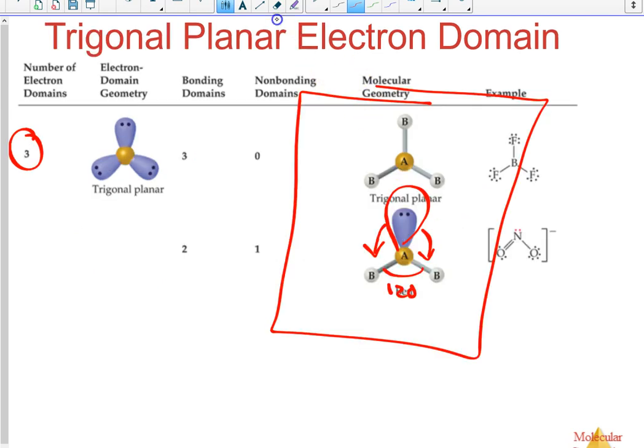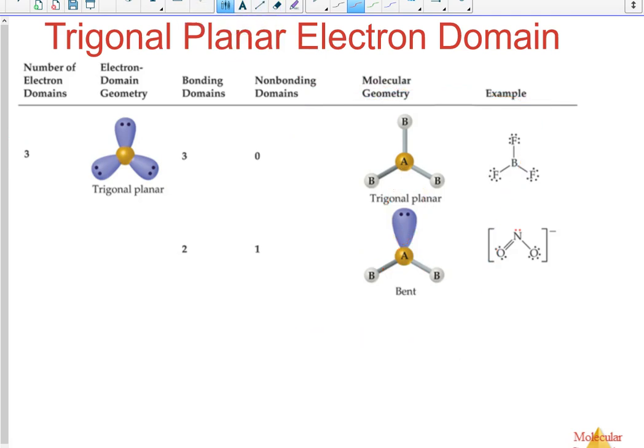Okay. Now, here we have trigonal planar, or we have 3 electron domains. So to do well in this chapter, you have to know how to find the number of electron domains from the Lewis structure. I think we're okay with that. You need to know what the domain geometry would be, and then we continue on here. If you have 3 bonding domains, and all of them bond to another atom, then it just matches.